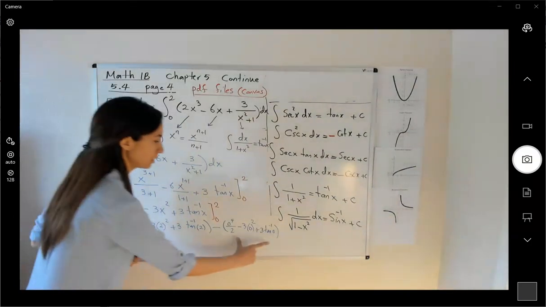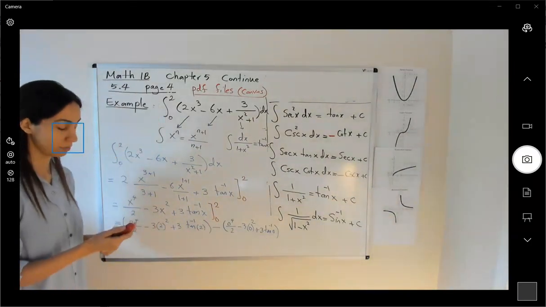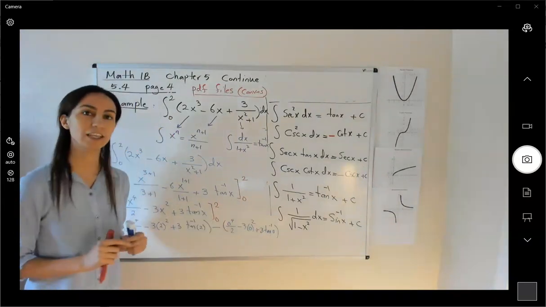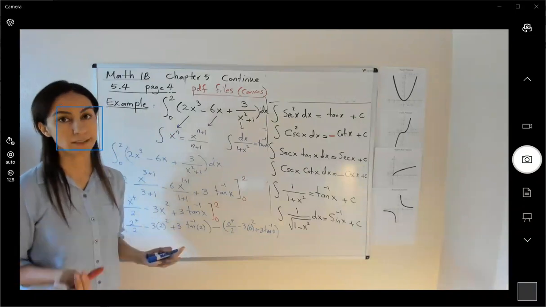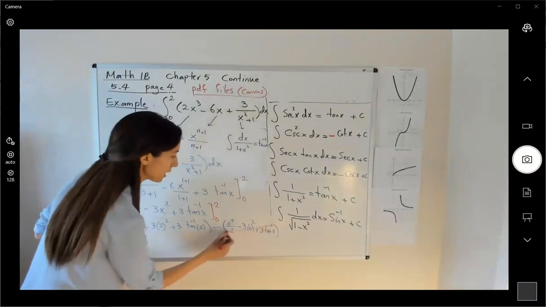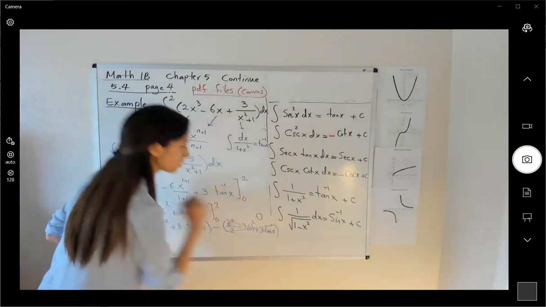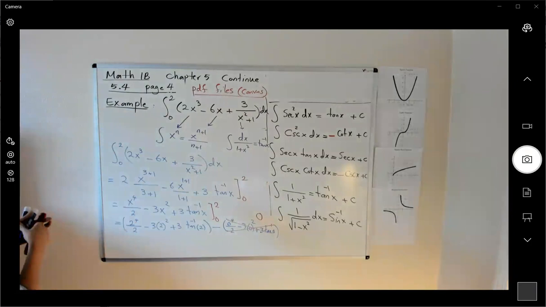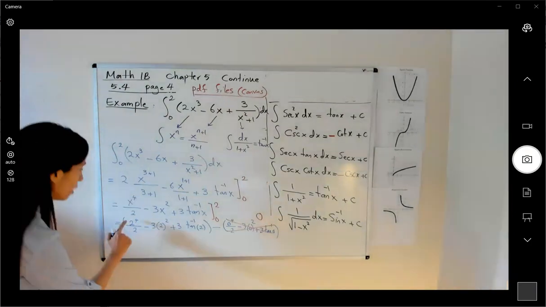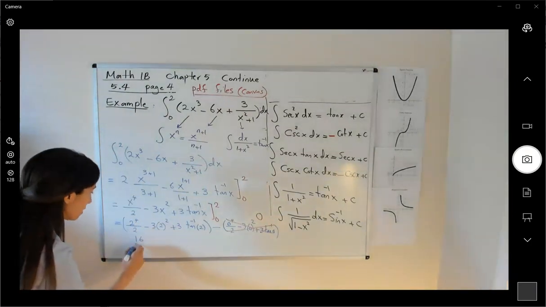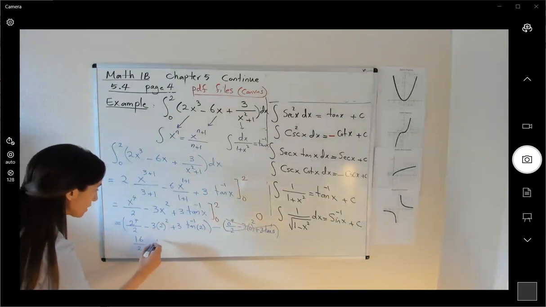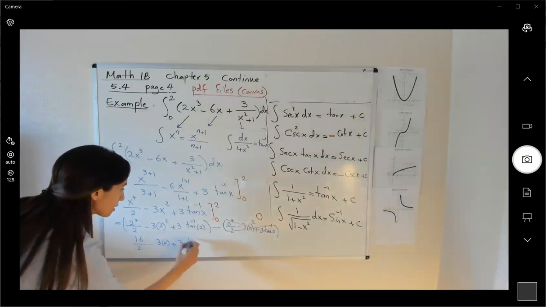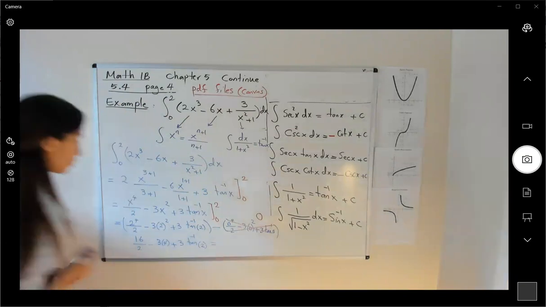Again, take a look at this expression. 0, 0, and inverse tangent of 0 is always 0. So this expression is 0. We just have to deal with this expression here. 2 to the 4, 16 divided by 2 minus 3 times 4 plus 3 times inverse tangent of 2.